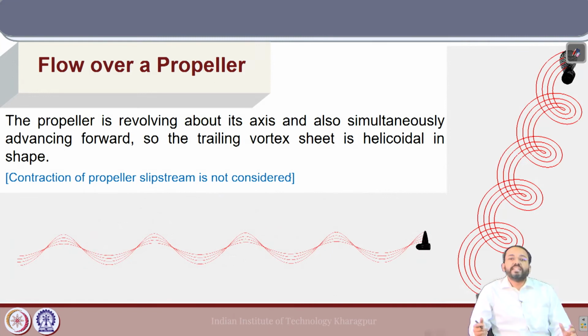This is a representation of the trailing edge vortex sheet behind the propeller, and it should be noted that we have not considered the contraction of the propeller slipstream in this case. In a realistic scenario, there will be contraction effects in the propeller slipstream, and so the vortex pattern will also be modified as it moves downstream of the propeller.